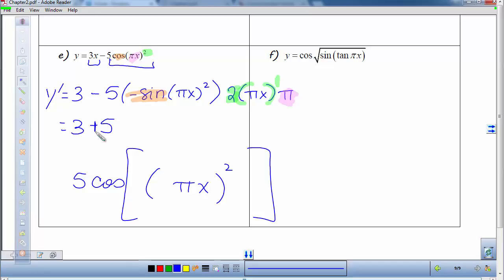I actually have 5 times 2 times pi. So this is really going to be 10 pi, plus 10 pi sine pi x squared. Actually, there's also this one. So that would be what? Pi squared, and then there's an x.